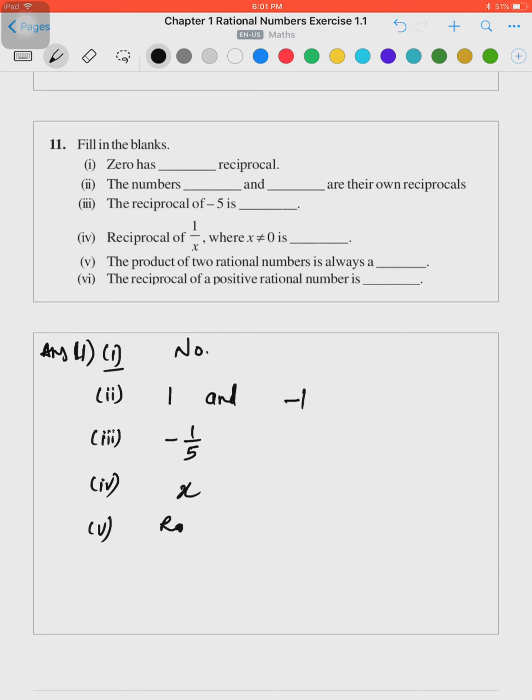When you multiply any two rational numbers, their product will again be a rational number. Sixth, the reciprocal of a positive rational number is again a positive rational number.